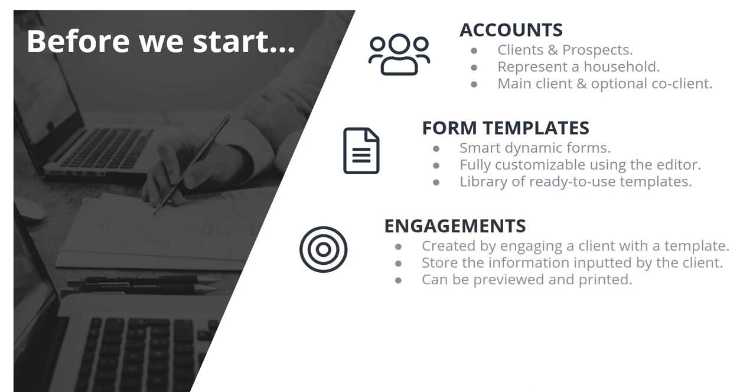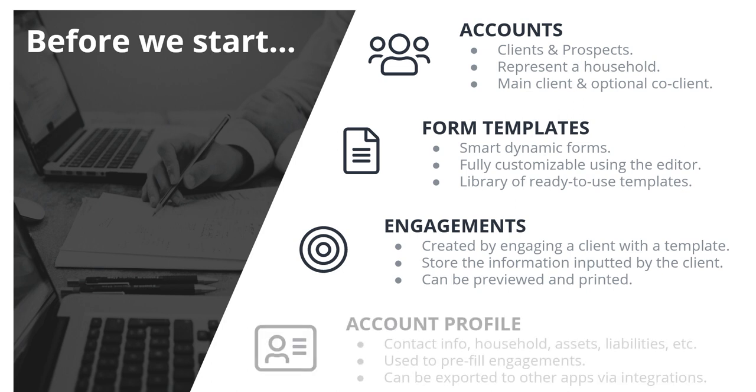The third is engagements. When you engage a client or prospect account with a template, a new engagement is created. Engagements store the information input by the client and can be previewed or printed exactly as they left it. And lastly, the account profile.